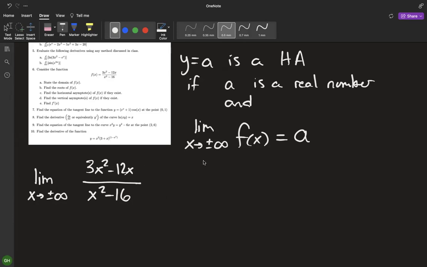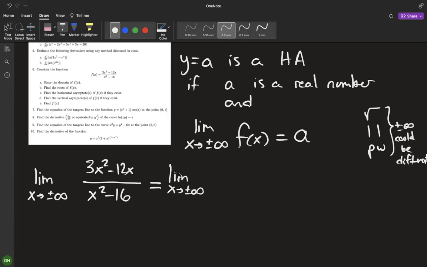Right. When I'm dealing with roots, absolute values, or piecewise, the two ended limits could be different. But there's none of that in here, so these limits will be the same. And we'll actually see that while we do the problem.